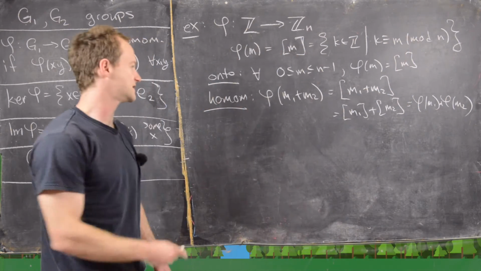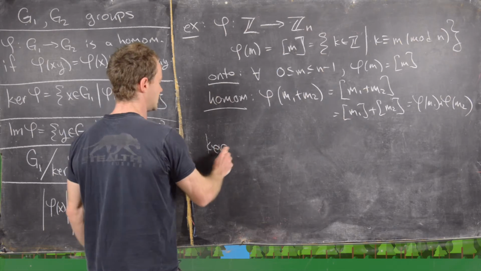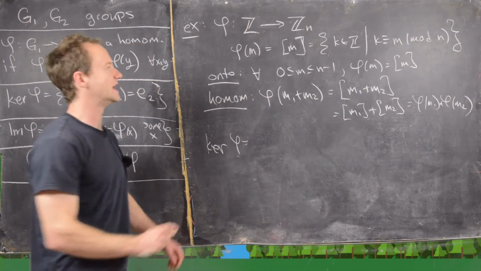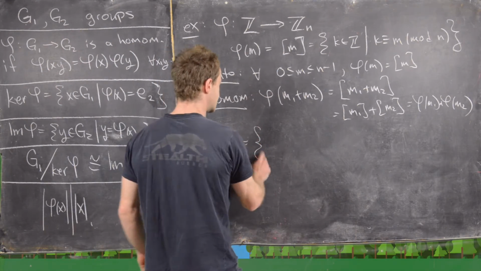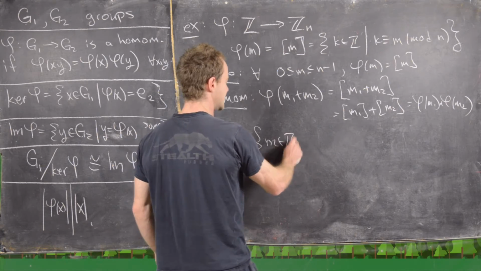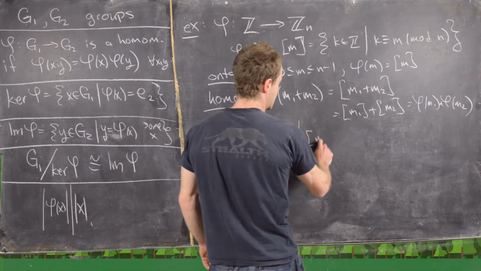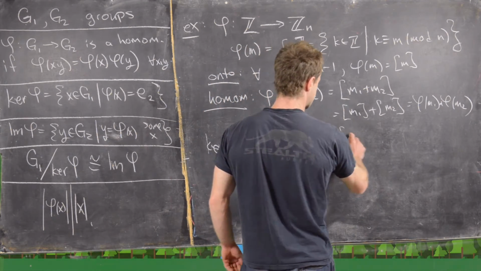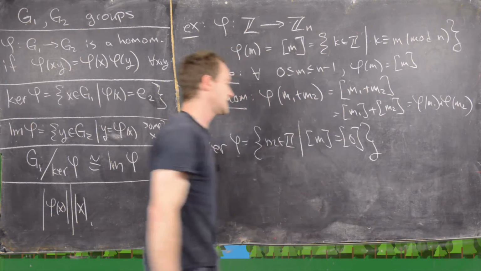So it's a homomorphism. Now let's check out the kernel. The kernel of phi is all m in Z such that the equivalence class is the same thing as the identity.